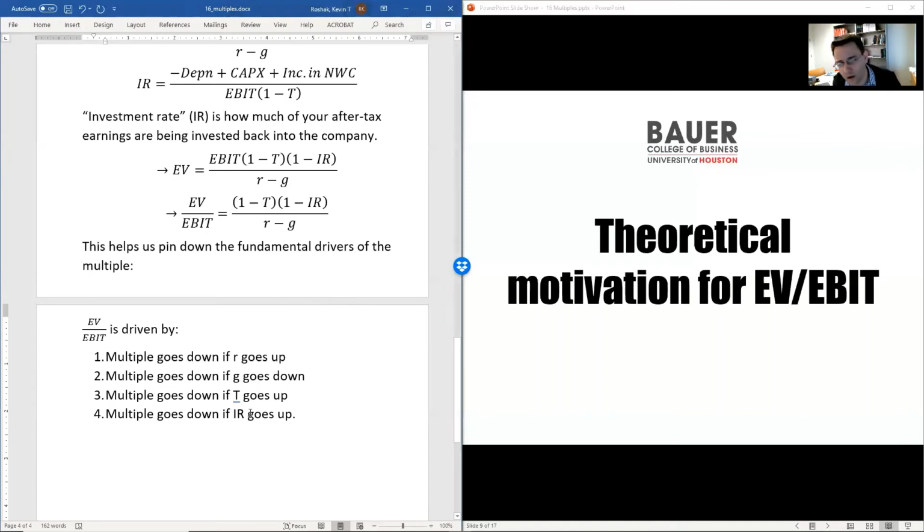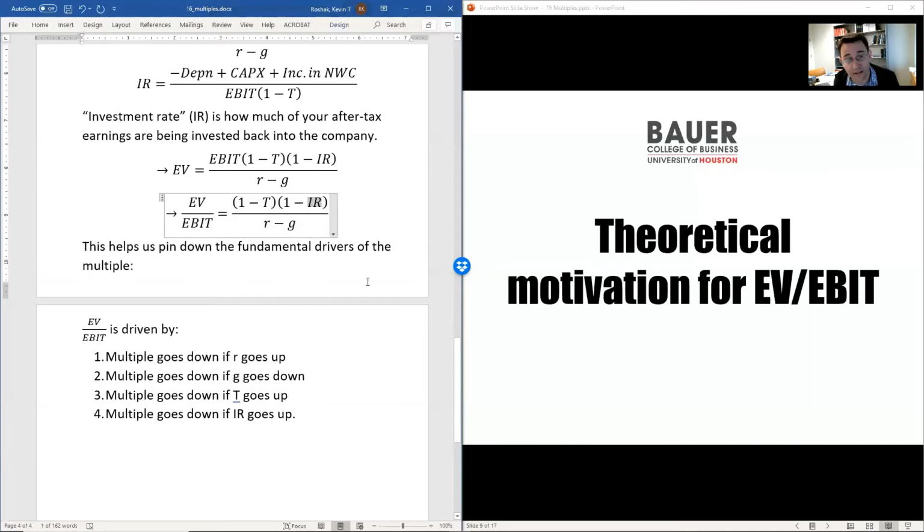So what is the investment rate in this context? This is how much investment you need to make in order to sustain G. Obviously G is a good thing. G is the growth in your free cash flows. So if you have a higher G, you've got a higher multiple. But how do you get that G? You need to invest in the business.